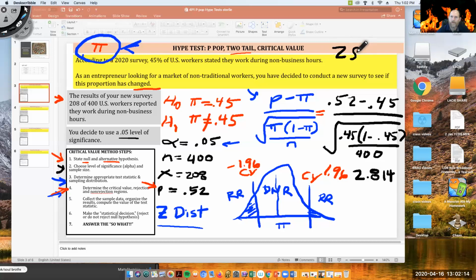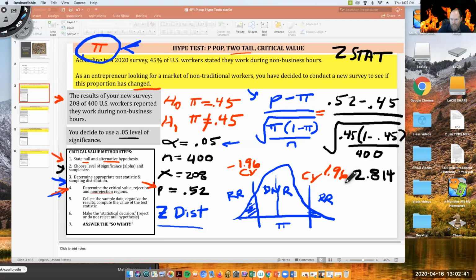So the reason we call that a z-stat, different from a z-score, it still tells us the same thing a z-score tells us, which is how many standard deviations 0.52 is to the left or right of the population proportion. But we don't necessarily need to convert this into a probability.